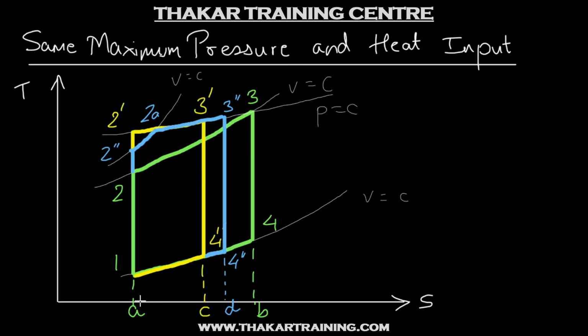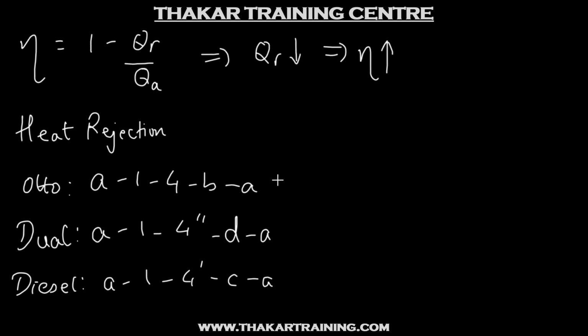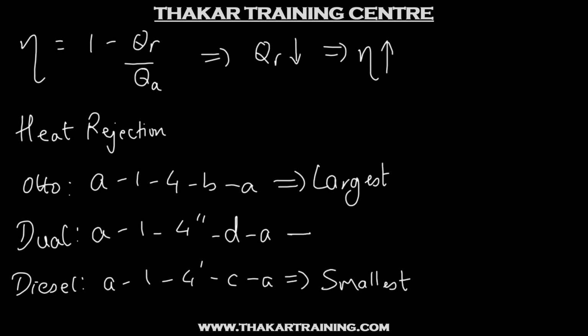So which is the largest? It is quite clearly Otto cycle has the largest heat rejection, whereas diesel cycle has the least heat rejection. So Otto cycle, this is largest, this is smallest for diesel cycle, and dual cycle is in between. Alright, and as we have already listed, the cycle which has a lower heat rejection will have a higher efficiency.